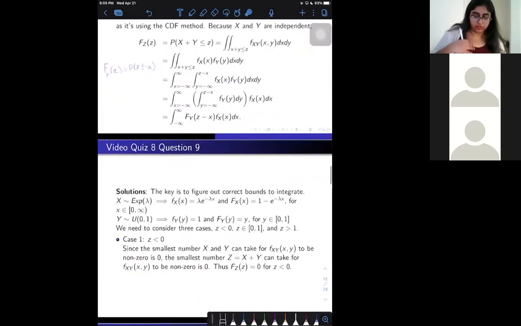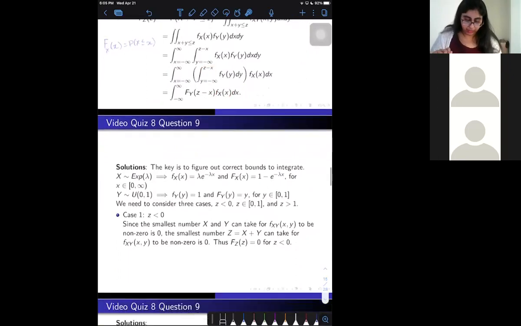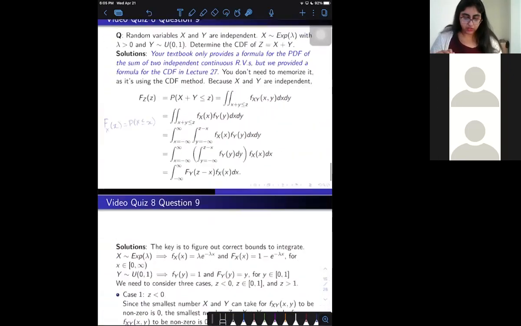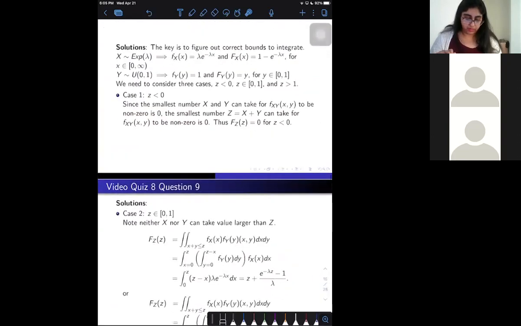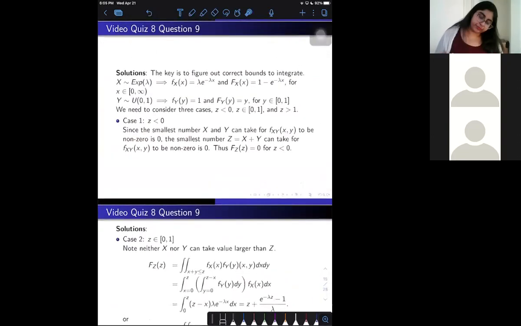You can actually do it the other way around as well, but that's fine. Because the integral goes up to z minus x, it's just the CDF of y at z minus x, and then we have the marginal of x still being multiplied. So this is just a derivation if you don't want to memorize it.